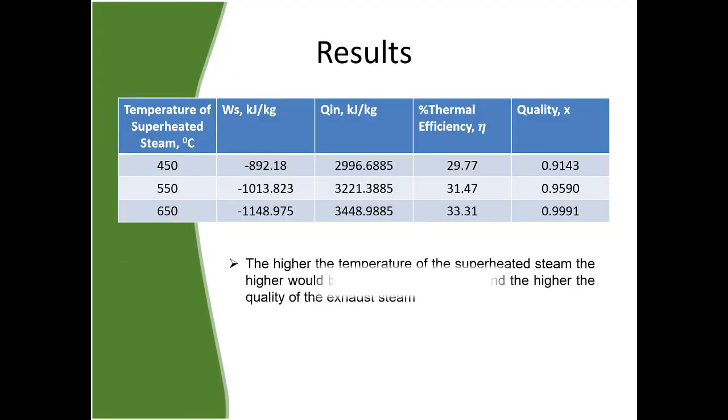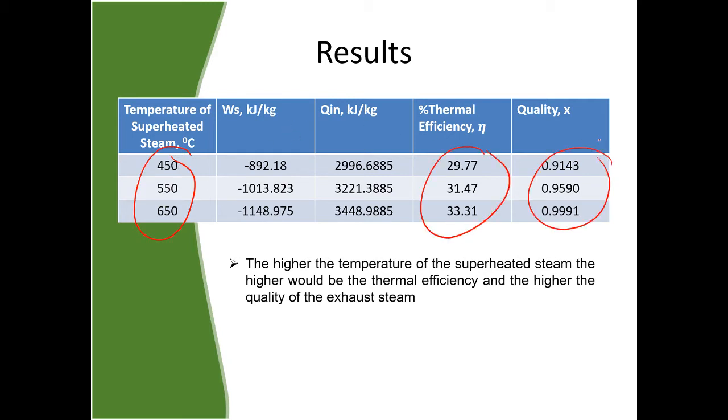Ito yung results niya. Ito yung different superheated steam, ito yung thermal efficiency at ito yung quality. Ano yung mapapansin natin? The higher the temperature of the superheated steam, the higher would be the thermal efficiency. Diba? Mas malaki naman to kaysa doon sa mga previous.